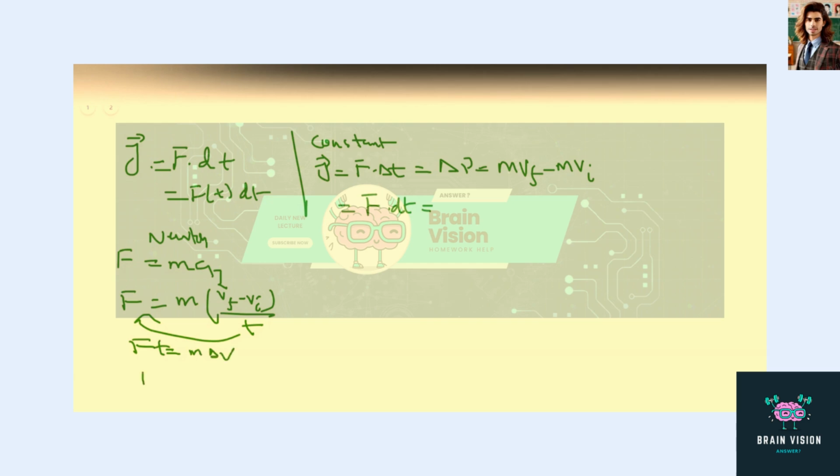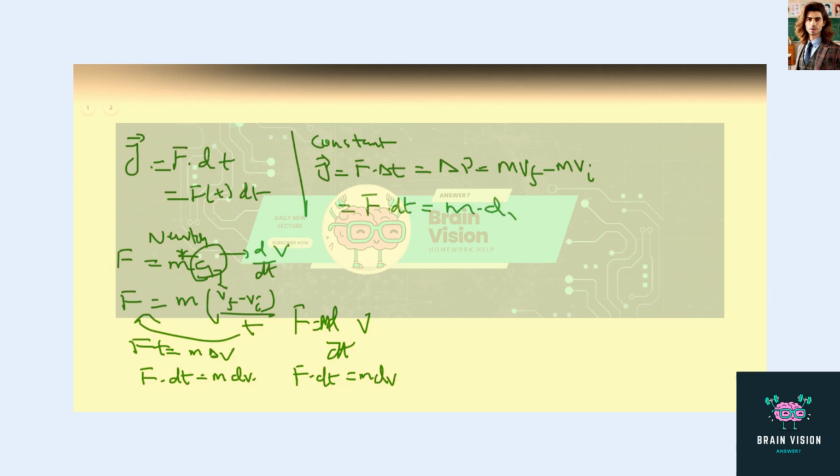At the infinitesimal level, F dt equals m dv. Or you can think of the acceleration at the infinitesimal level as the time derivative of velocity. So if F equals the time derivative of velocity times the mass, you end up with F dt equals m dv. This is going to be helpful in solving the problem.